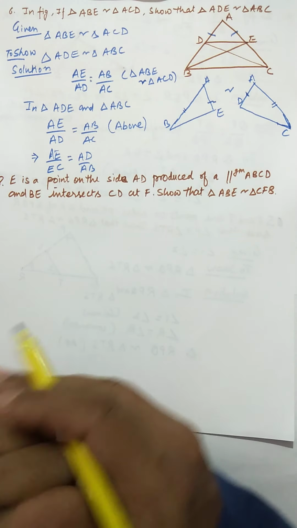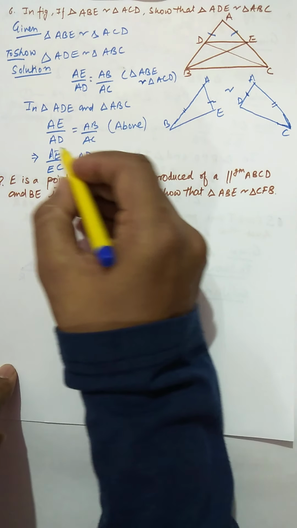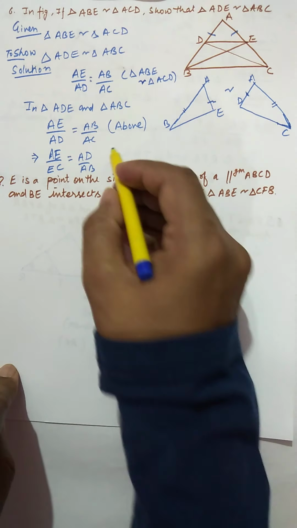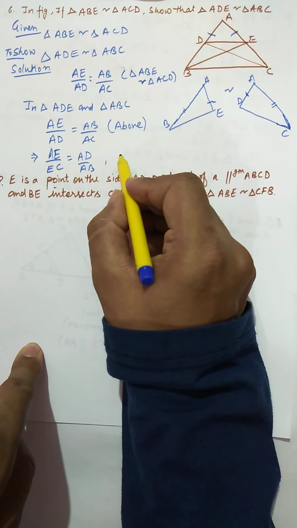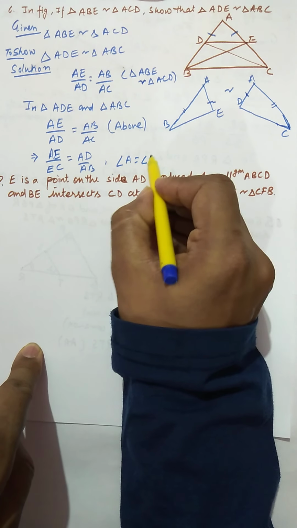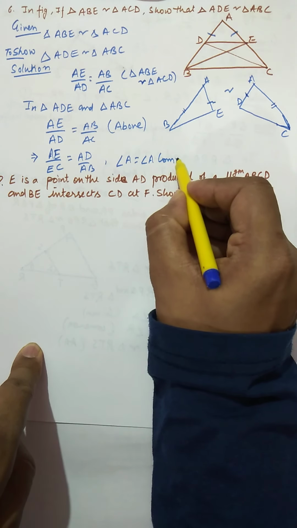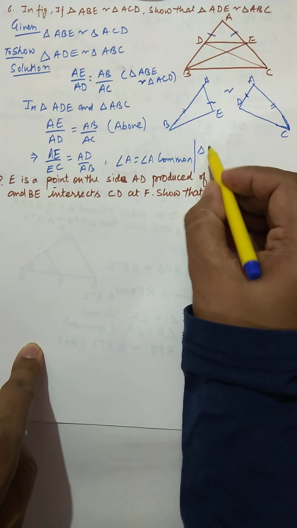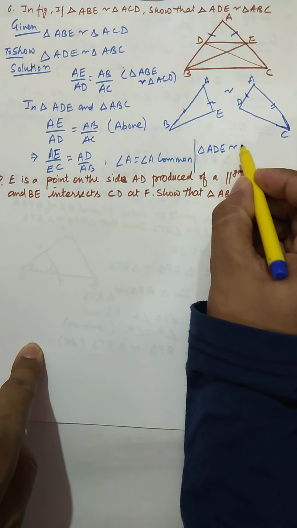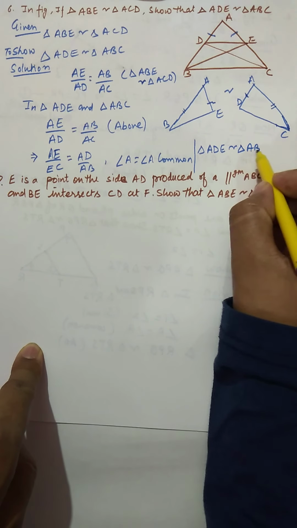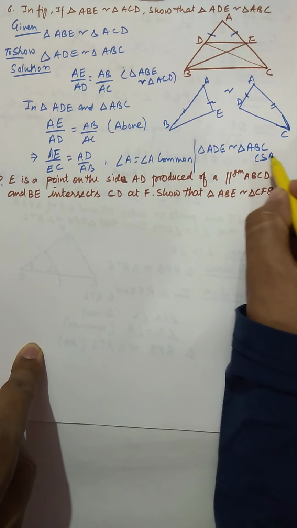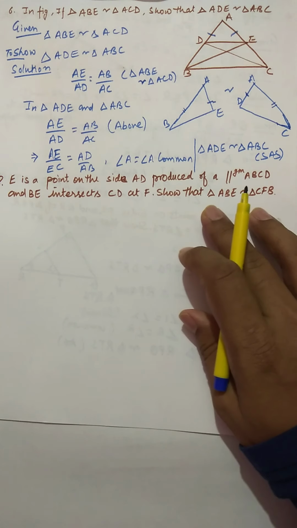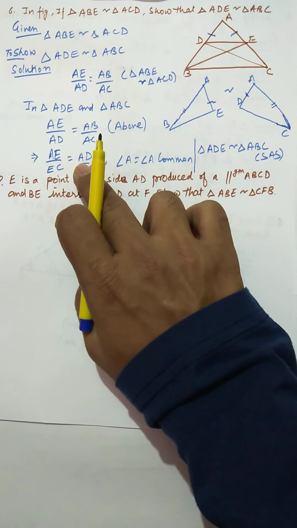This is using the ratio property. I can explain you with the help of example, but I'm writing that first, that angle A equal to angle A, this is common. So these two triangles ADE similar triangle ABC by SAS. So now I'll explain you how I have written this.